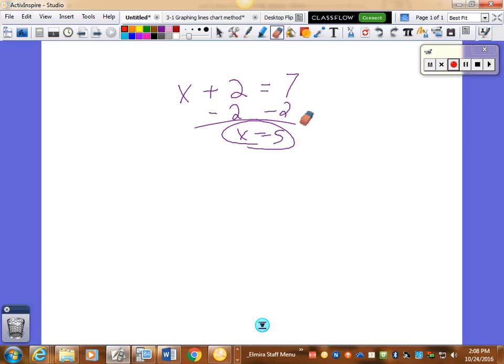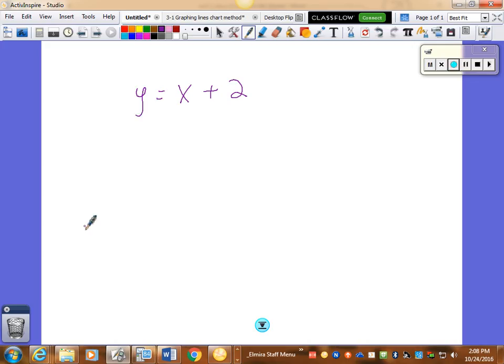Okay. Well, let's say I don't know the number 7. And instead of a 7, it's going to be a y. As a matter of fact, instead of the equals y being at the end, it's going to be in the beginning. Y equals x + 2. Okay? That's what the equations are going to look like.